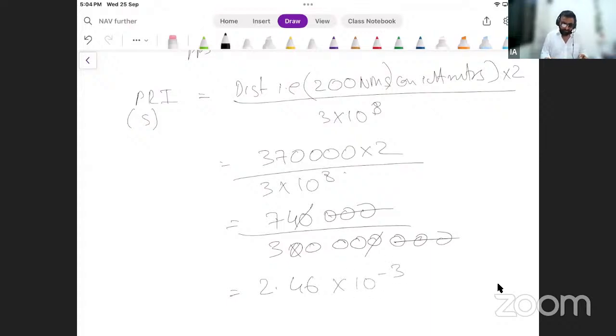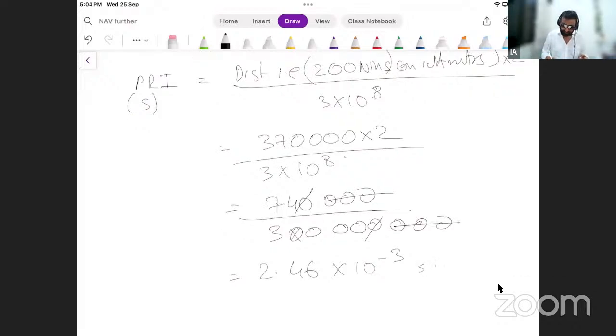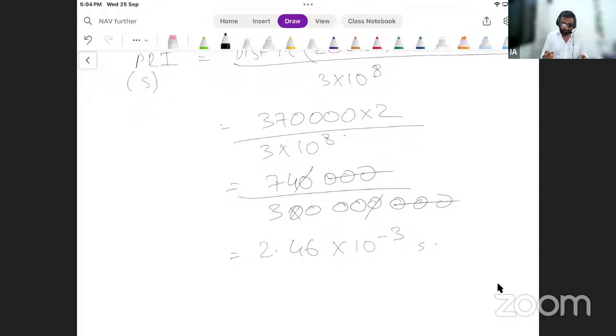This is your answer in seconds. To get this answer in microseconds, you can multiply it by 1,000,000.